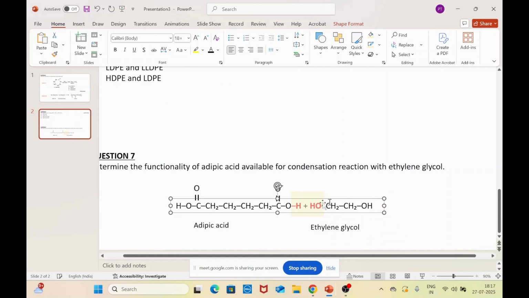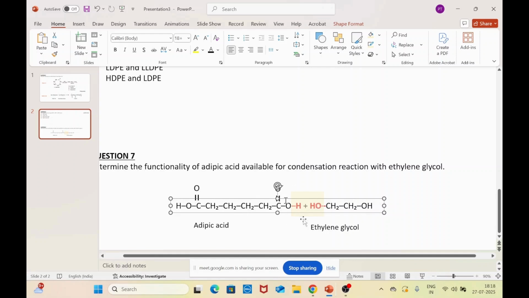So the OH group from this ethylene glycol will basically combine with the hydrogen from the carbon atom, and they get condensed out as the condensation product, and then the polymer will be formed. So can anyone tell me why the functionality is 2 here?